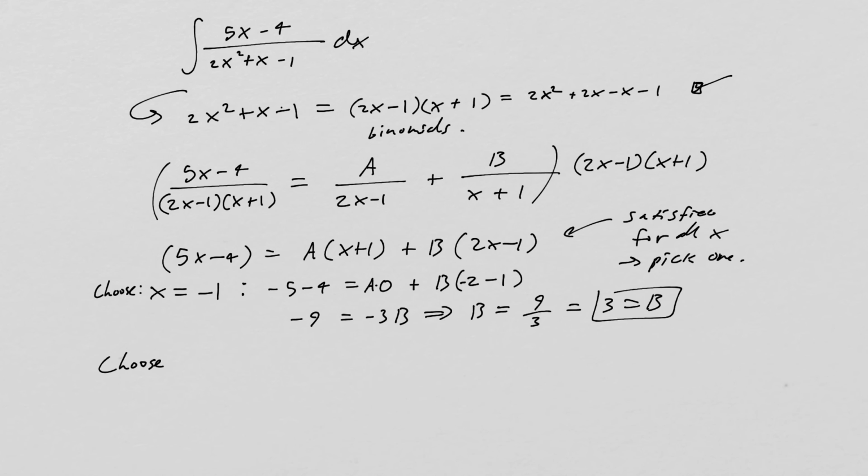So to do that, let's choose x to be equal to 1/2. I'm going to choose 1/2 because it's going to eliminate the b parameter from my problem. So I'm going to have 5/2 minus 4, that is the left-hand side of the equation, is equal to a times 1/2 plus 1 plus b times 0.